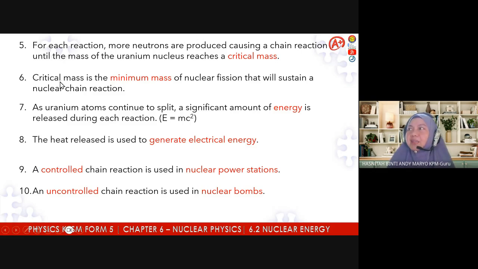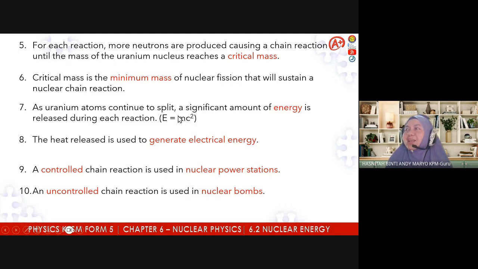Critical mass is the minimum mass of nuclear fuel that will sustain a nuclear chain reaction. All right. Okay, and as the uranium continues to split, it will produce a very huge amount of energy, and we can calculate using this equation. E equals mc squared. This is Einstein's equation. Okay, E equals mc squared.